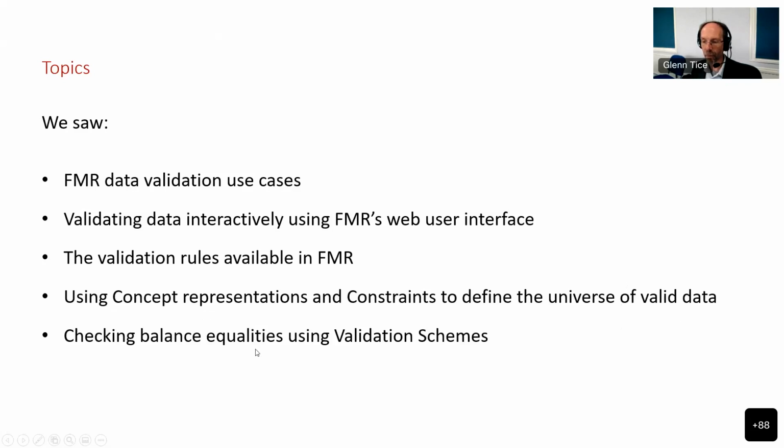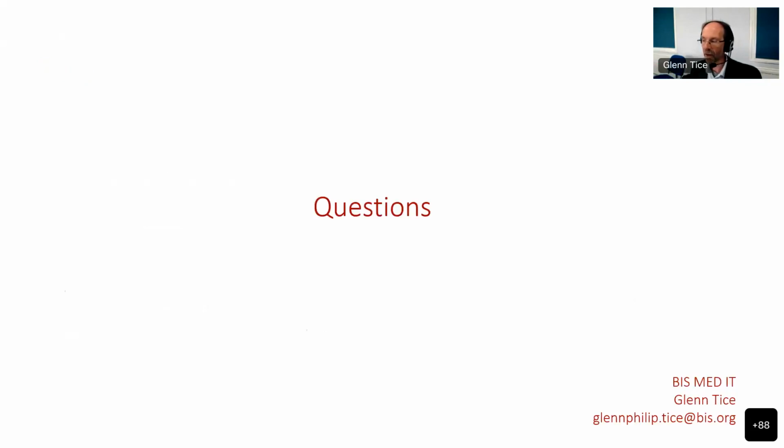And then finally, we've seen about the balance of equalities as well. Very useful if you have data sets where there must be some sort of consistency between reported values. So I'm going to close there. I've seen there's a number of questions coming in through the chat, so maybe it's helpful to turn to some of those.